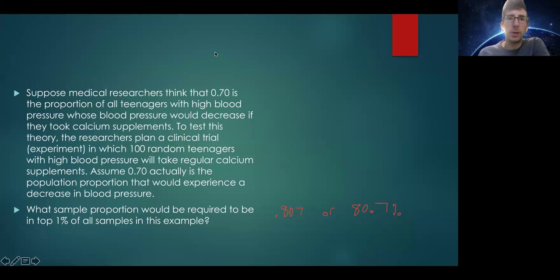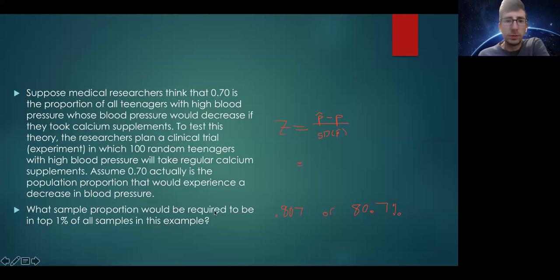We could also use the Z formula, where Z is equal to p-hat minus p over the standard deviation of our sample proportions. We're looking for this p-hat.